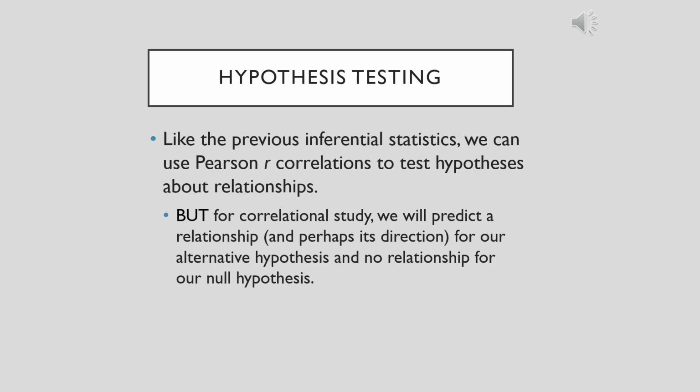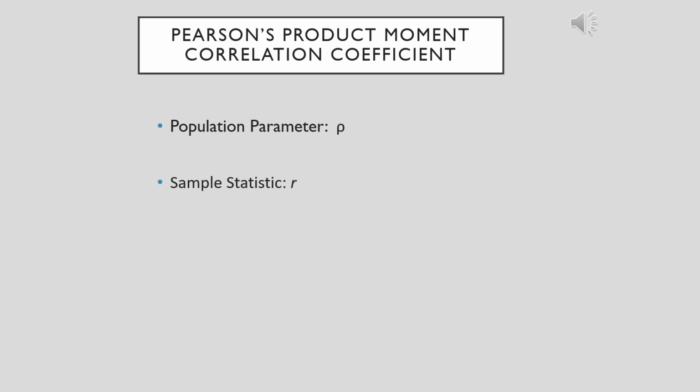So the statistic that we're going to calculate for hypothesis testing in correlations is called a Pearson's product moment correlation coefficient. Oh boy, that's a lot of words, all right? Really, we just call them correlation coefficients.